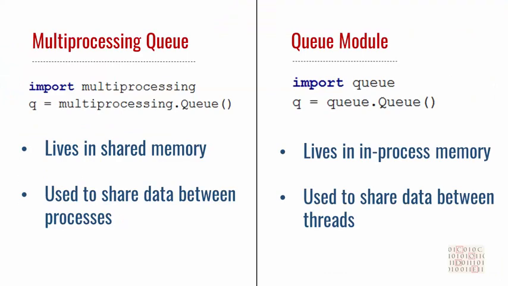In order to use multiprocessing queue, you will say multiprocessing.Queue, versus for the queue module you will import the queue module and then you will say queue.Queue. The other difference is that multiprocessing queue is used to share data between processes, whereas the queue module is used to share data between threads. So these are the two key differences.